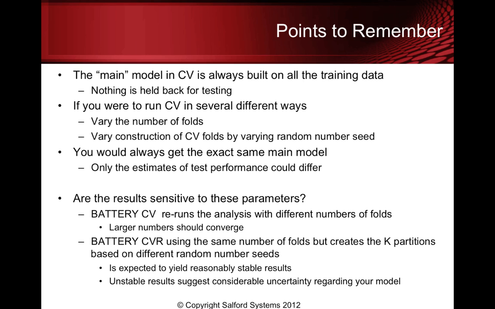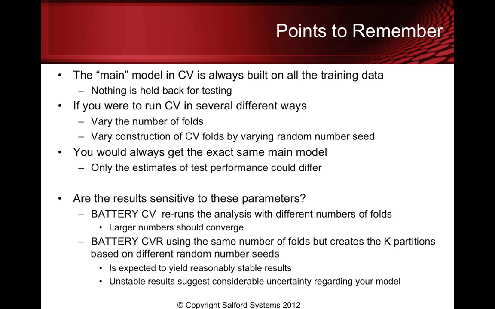Now, if you were to run CV in several different ways, for example, varying the number of folds, or varying the construction of CV folds by varying the random number seed, you would always get the exact same main model, because the main model is always built on all the data, and it's always built before we do any of this partitioning of the data into parts.